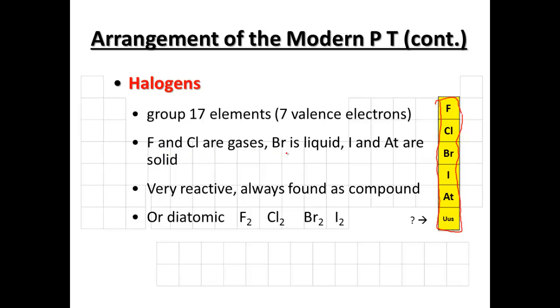Fluorine and chlorine are gases, bromine's a liquid, iodine and astatine are solids. They're very reactive and always found as a compound or diatomic. We'll talk about diatomics later. Di meaning 2, atomic meaning atom. So pure fluorine, if it's found, is always F2, chlorine Cl2, bromine Br2, and iodine I2. So the halogens are very reactive.